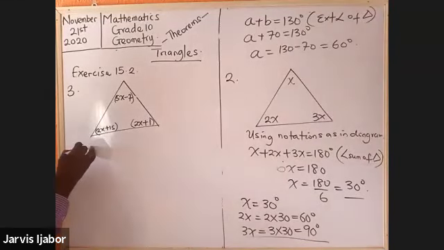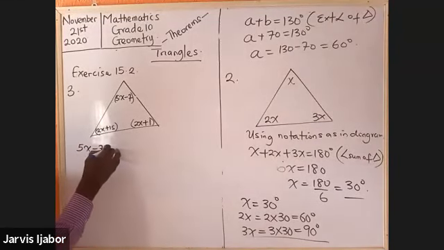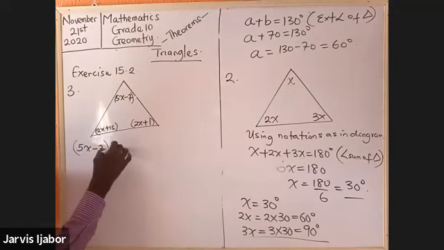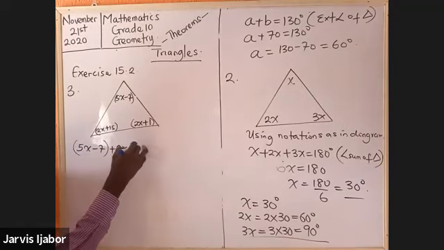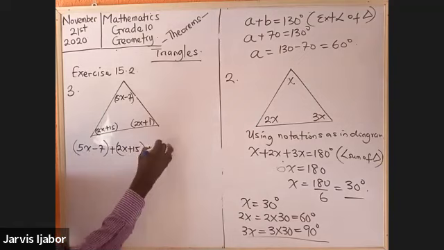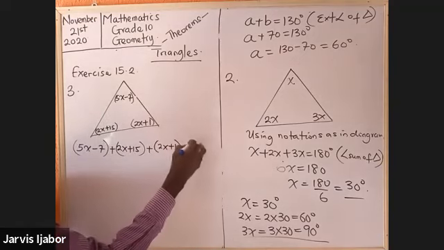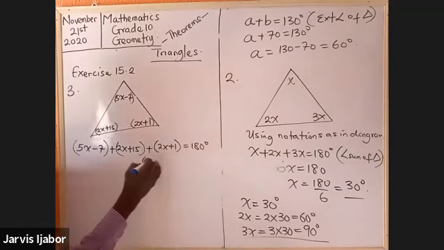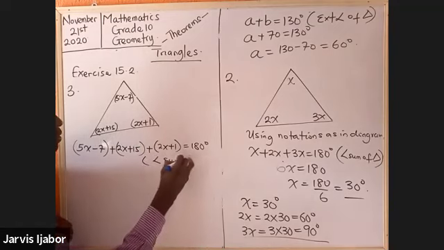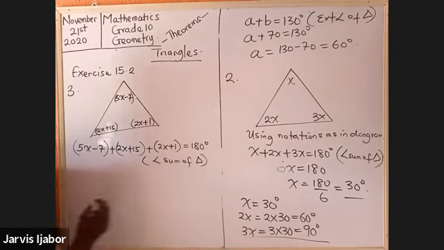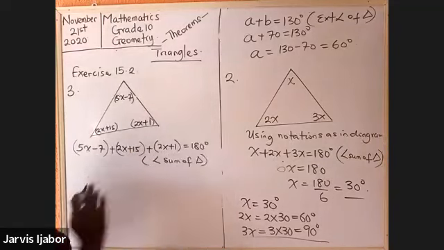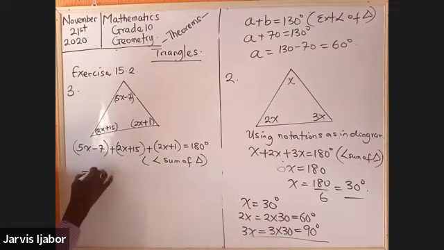This is another very simple question. We know that 5x minus 7 plus 2x plus 15 plus 2x plus 1 is equal to 180 degrees. What is the reason for that? Angle sum of triangle. Notice that while writing them, I case them all in a bracket. In my next line, I'm going to write everything out.